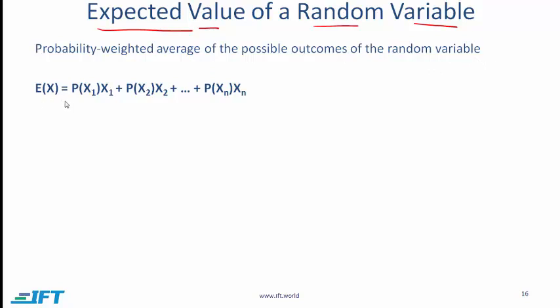So if you look at this expression, the random variable is x, and x1, x2 all the way to xn represent the different possible outcomes. By multiplying each outcome by the probability of that outcome and then adding up these numbers, we have the probability weighted average for the different possible outcomes of the random variable.